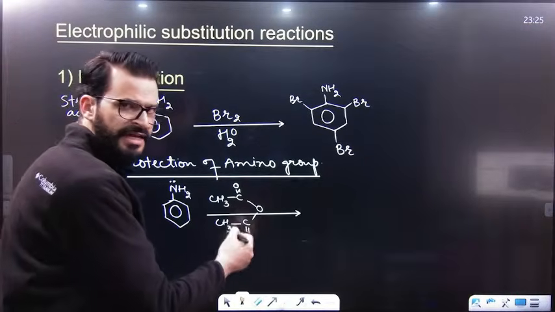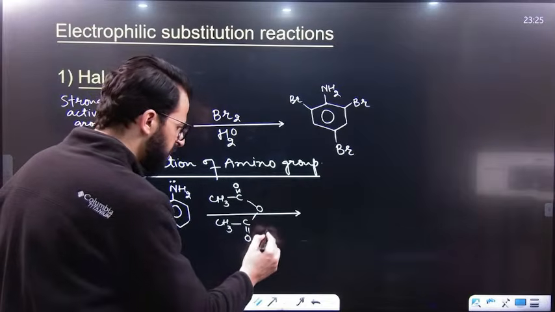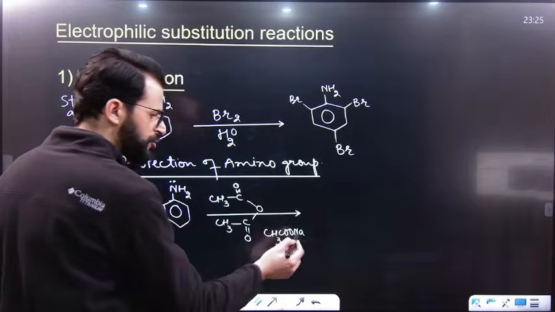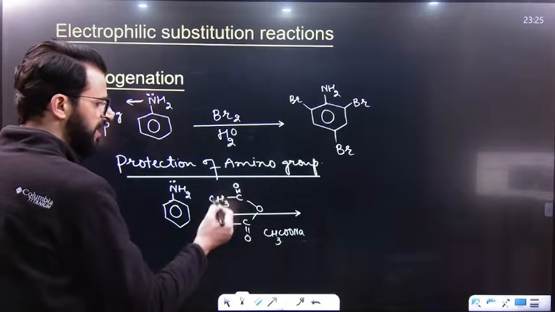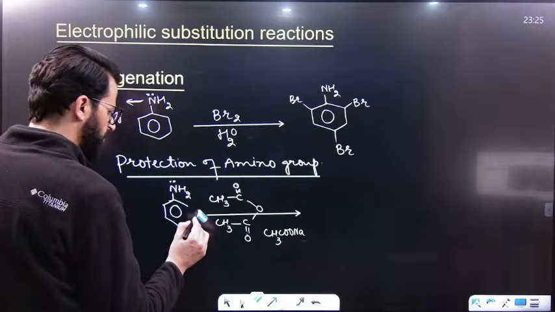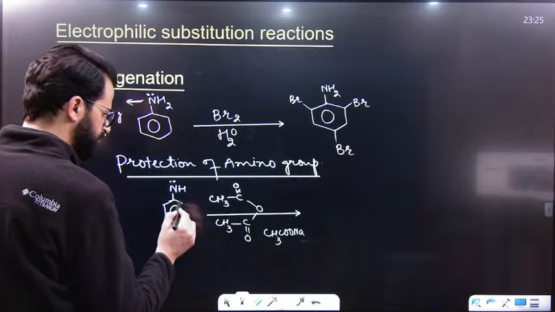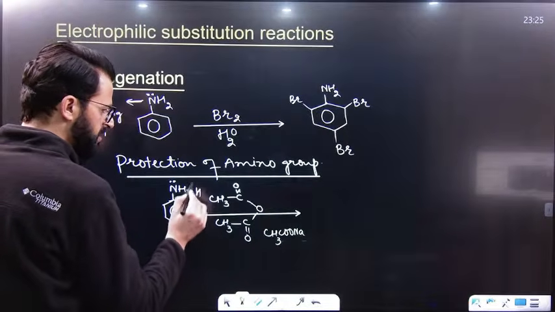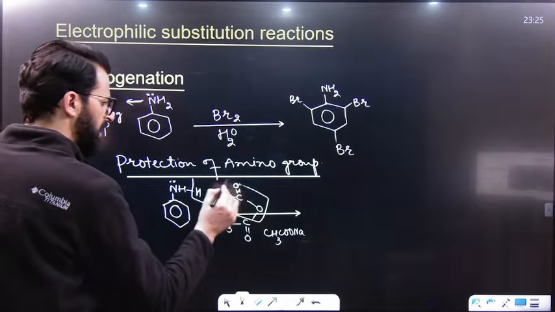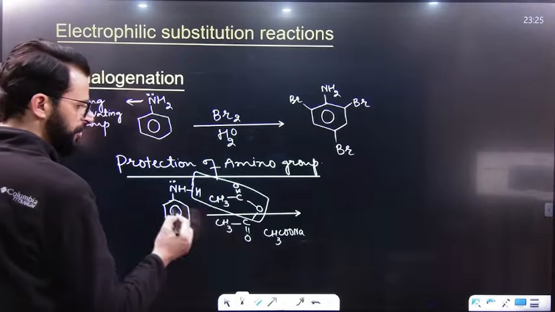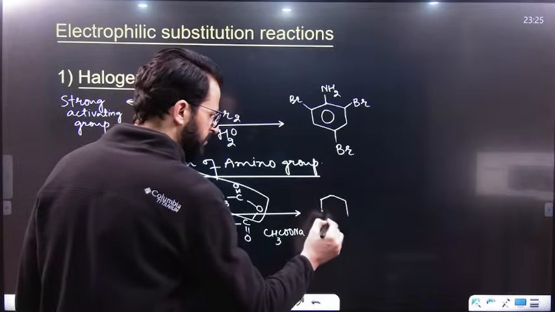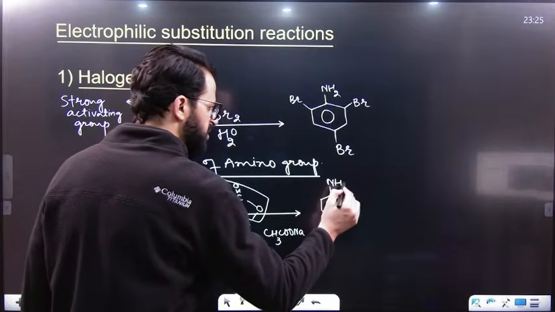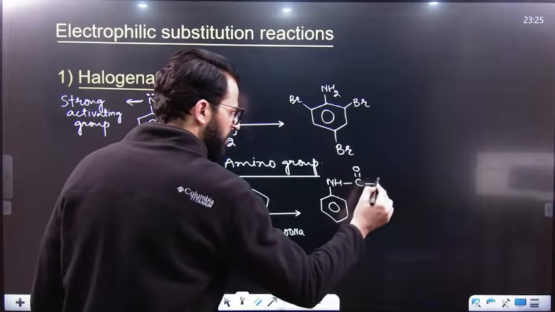Generally, we use the sodium salt of the acid from which this anhydride has been obtained, the sodium salt of acetic acid. Now, what will happen over here? This H will be replaced by this COCH3 group. That means we will simply do acetylation. So, the first step is acetylation.